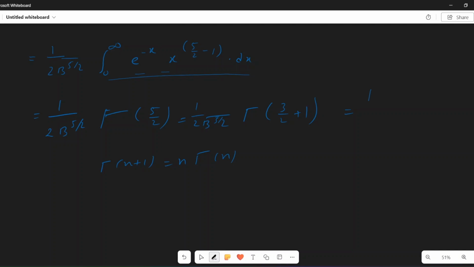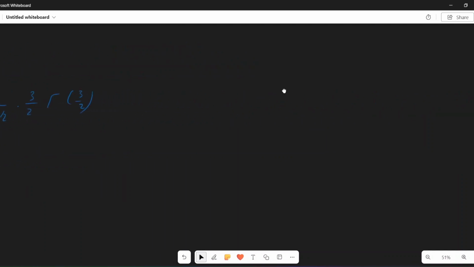That can be written as 1 by 2b to the power 5 by 2 into 3 by 2 into gamma of 3 by 2. Okay, that is what we have found till now.